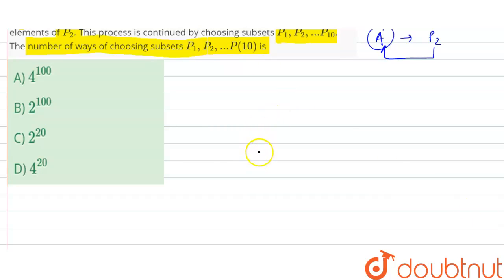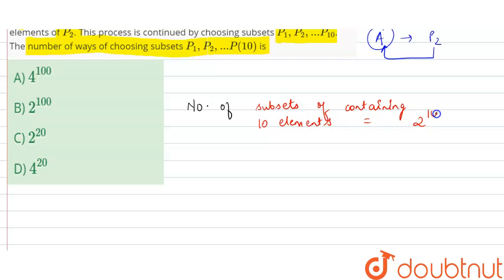So, the number of subsets of A. Now A has 10 elements, so the number of subsets of a set containing 10 elements is 2 to the power 10.